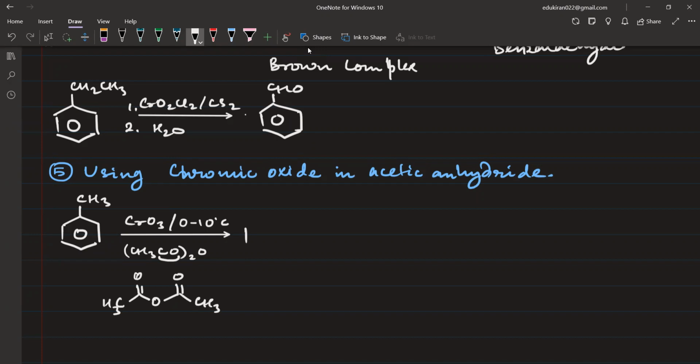Now, this first of all forms a chromium complex. The structure of the chromium complex is CH, O, CO, CH3 whole twice. This is known as benzylidene diacetate.